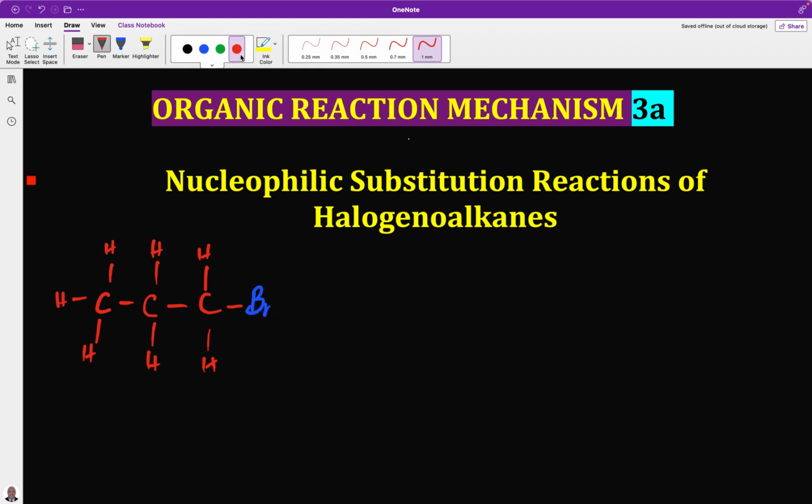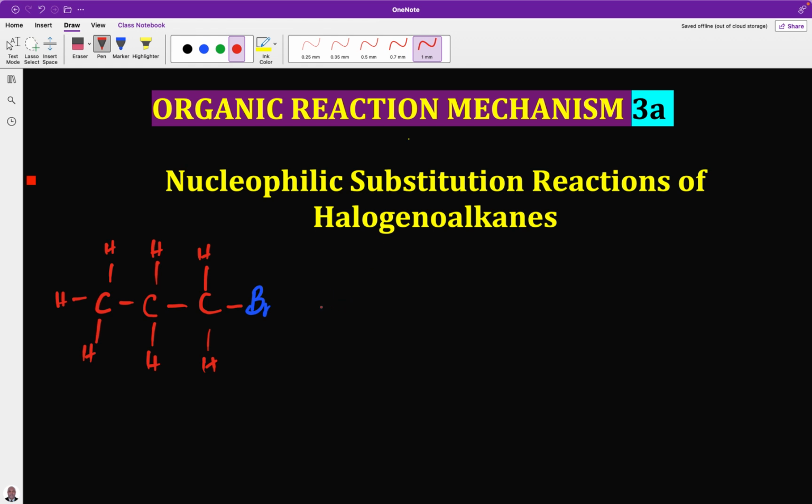Now, on the carbon atom holding the halogen, we have just one alkyl group there. This is an ethyl group. In that case, this halogenoalkane is a primary halogenoalkane.